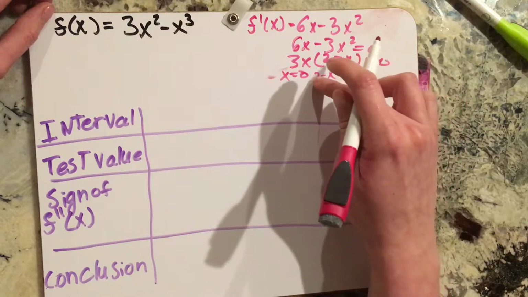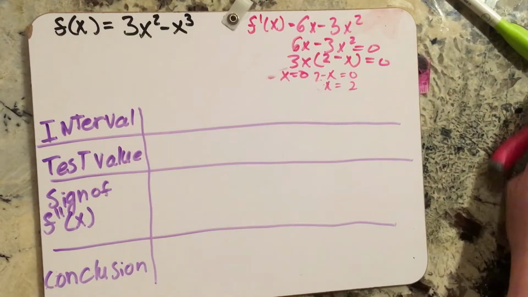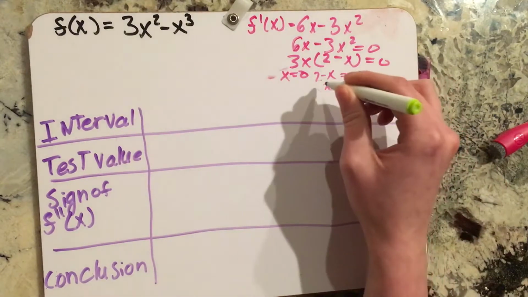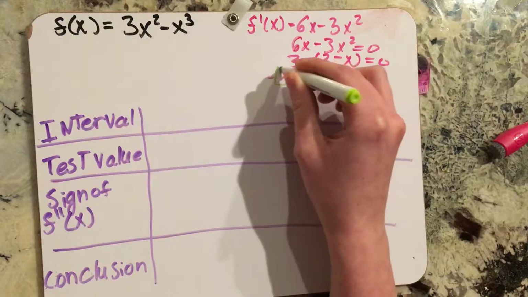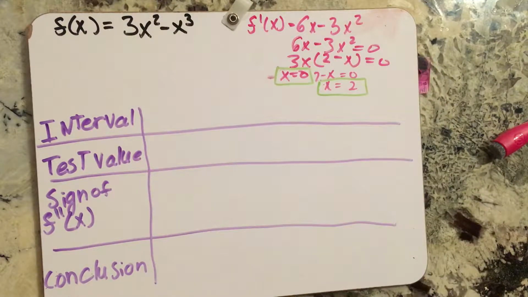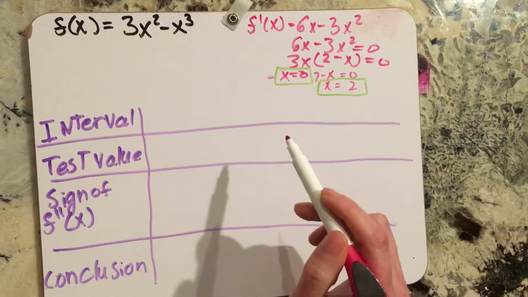Divide out our negatives, we get x equals 2. So again, these right here are our critical values.